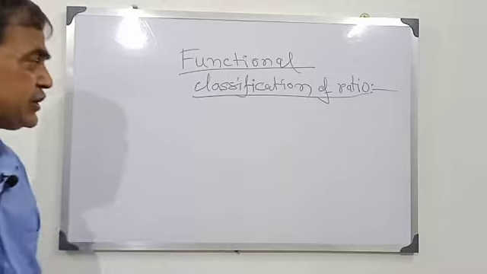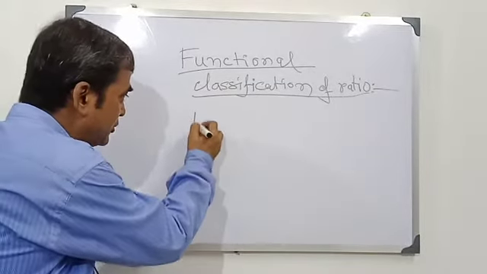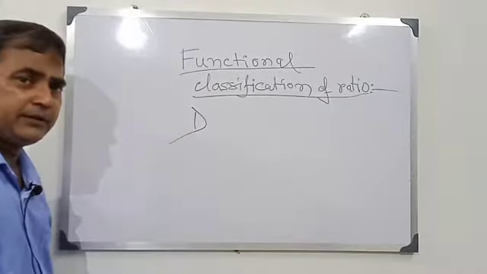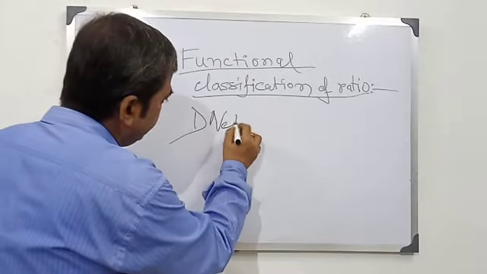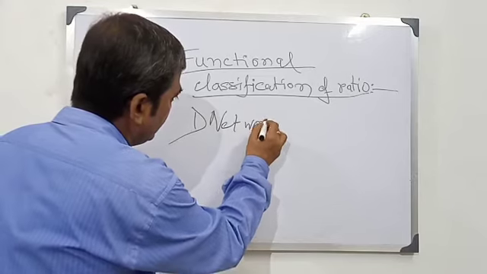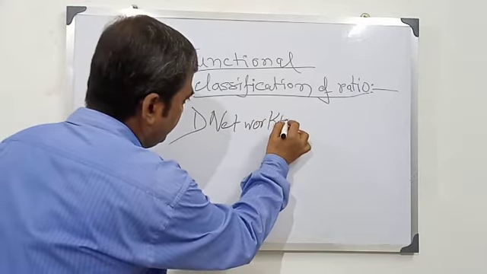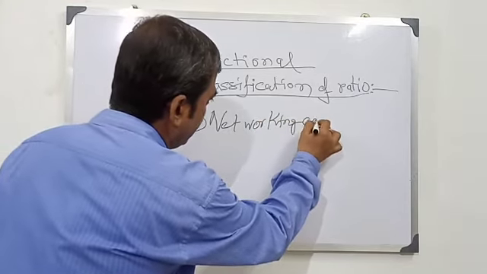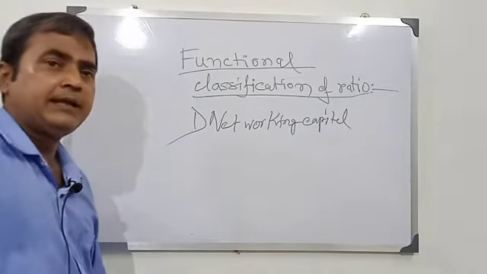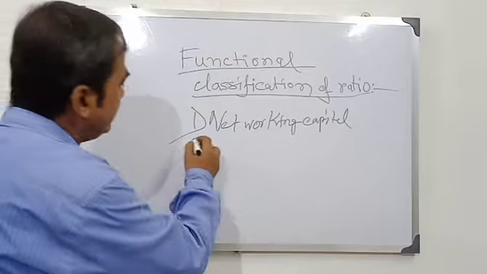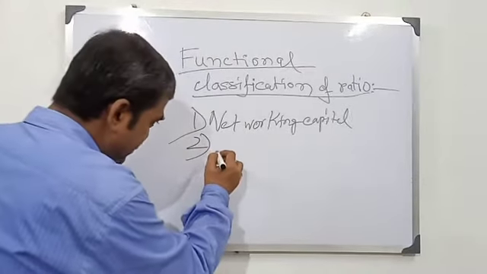Under functional classification, the first item we have is net working capital. Next we have the current ratio.